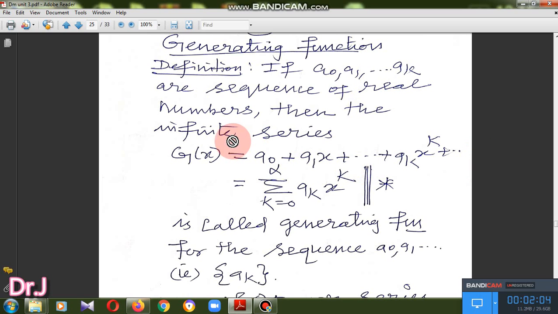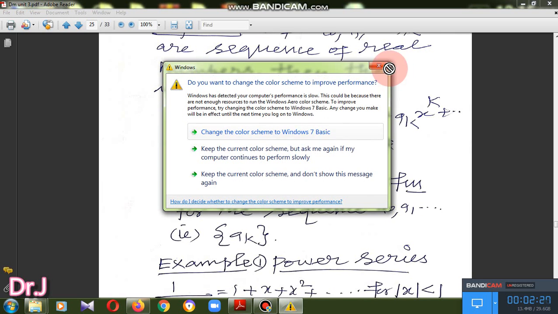So this would be a function, and that function we are writing as g of x, and that's called the generating function. The short form is the summation of k from 0 to infinity of ak x power k, and this function is called the generating function.